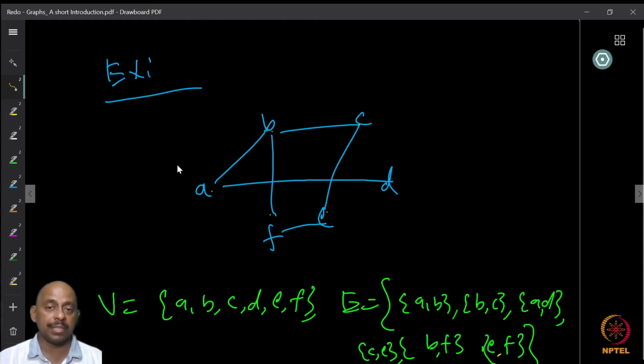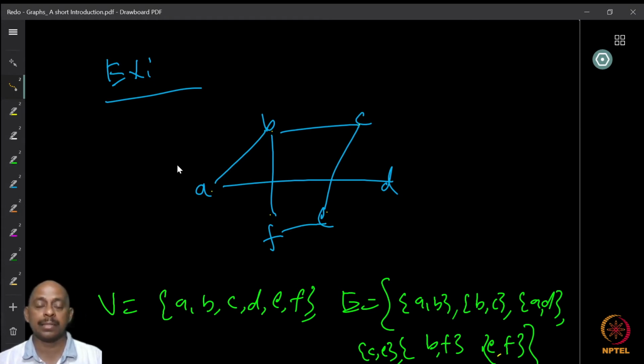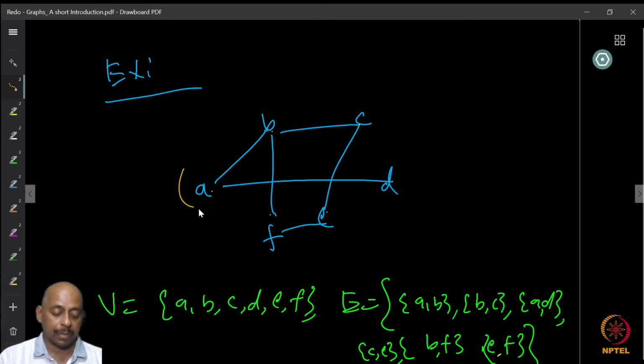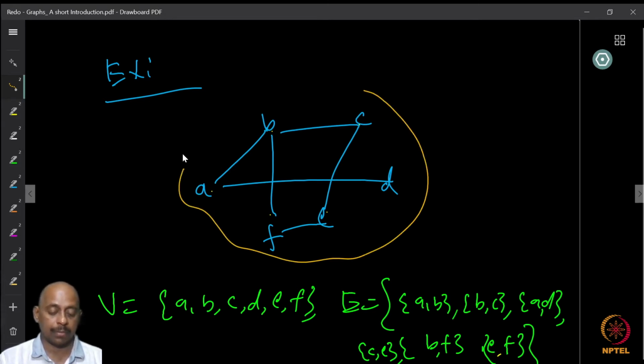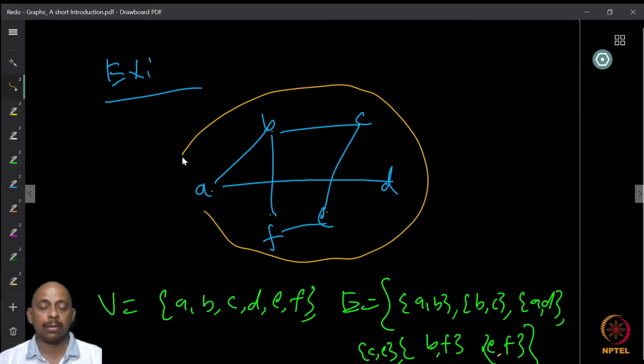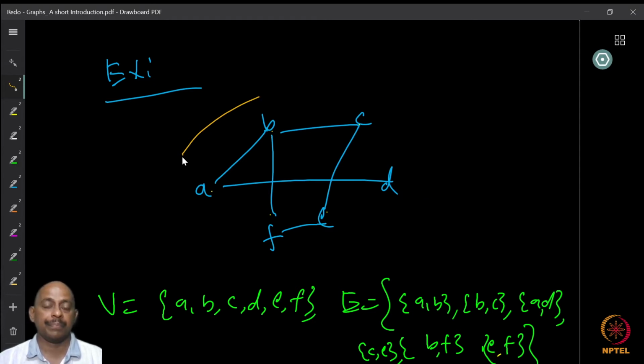Now this picture tells you many things about the relation that we may not immediately see from looking at the set theoretic description. If you look at this graph, for example, you will see there is some kind of a closed cycle here.